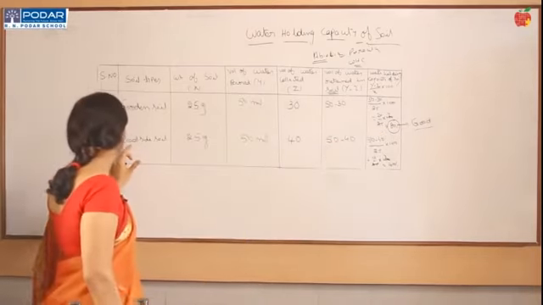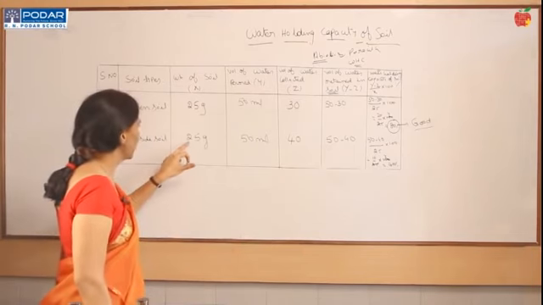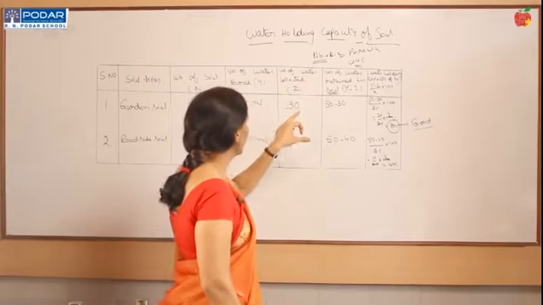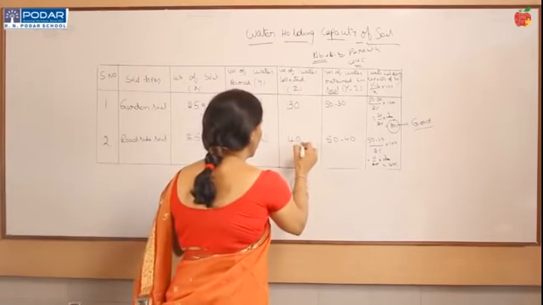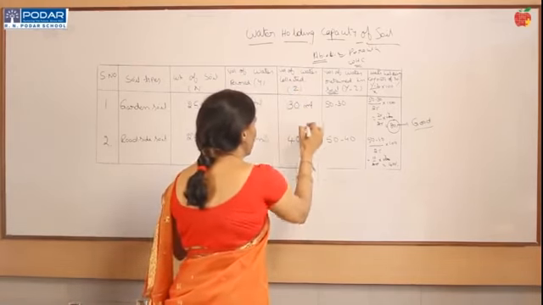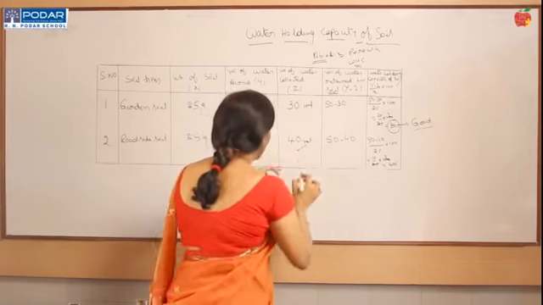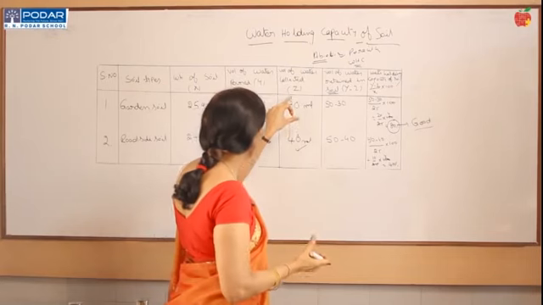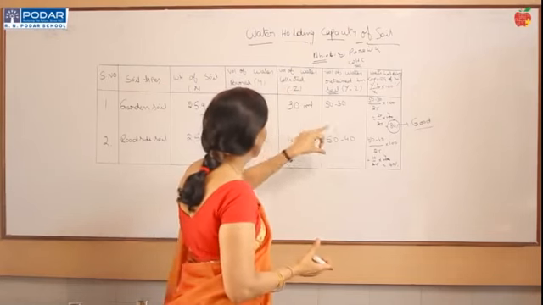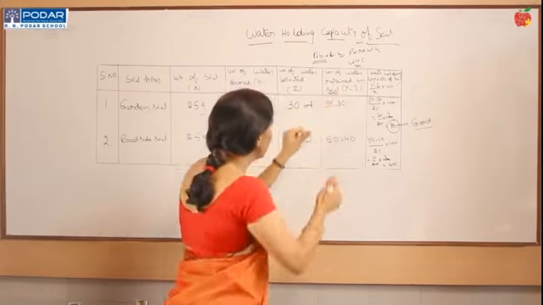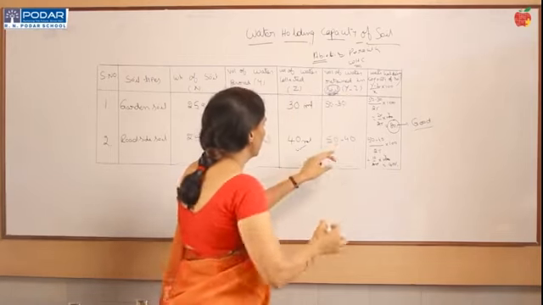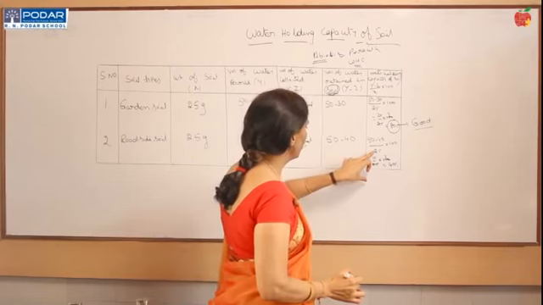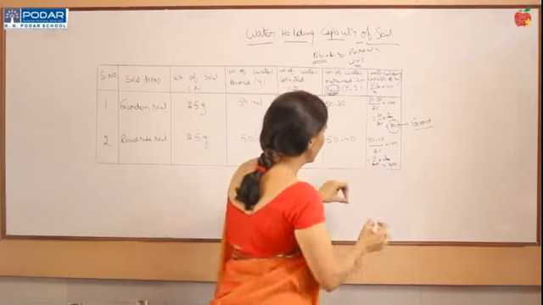Now, coming to the second soil, roadside soil, here also we take the same amount of soil and the same amount of water, but the volume of water collected in the measuring cylinder is 40 ml. That means more water is collected, so the soil is not holding much water. The volume of water retained in soil is again (y minus z) by the initial weight of soil, 25, and here we get 40%.